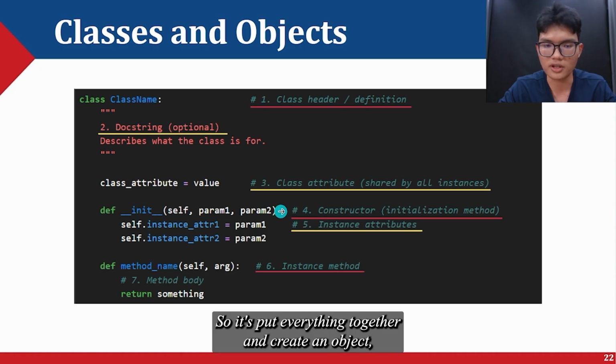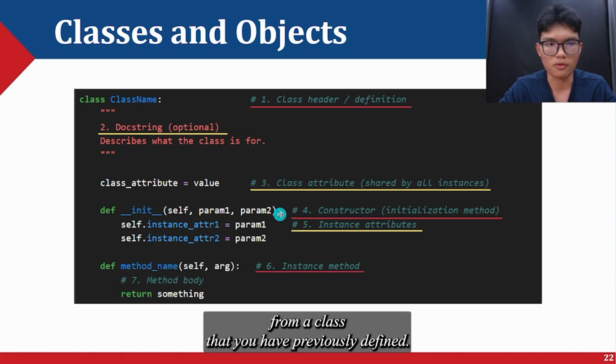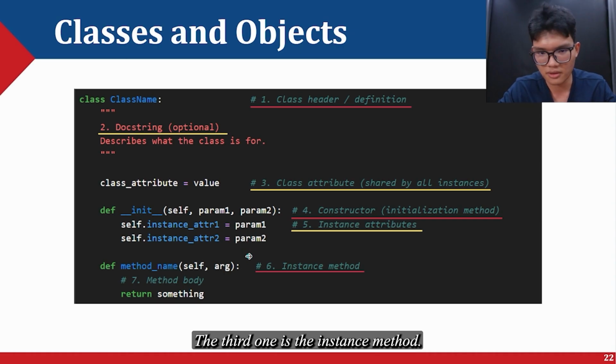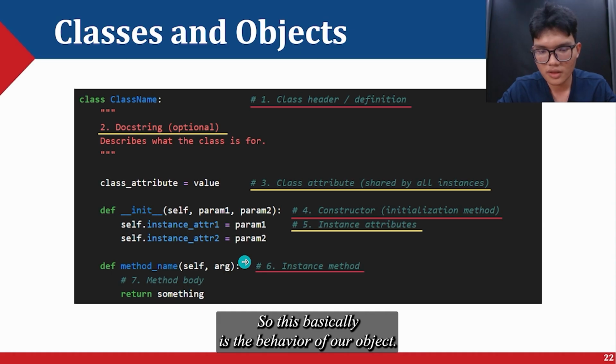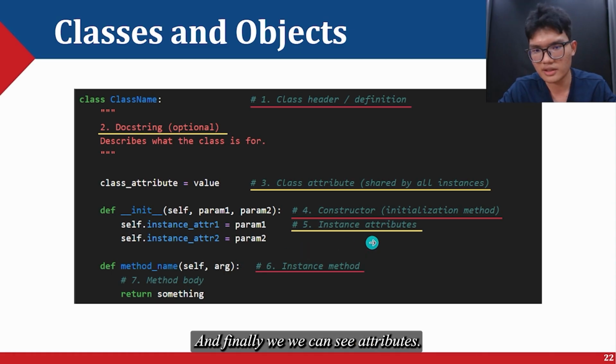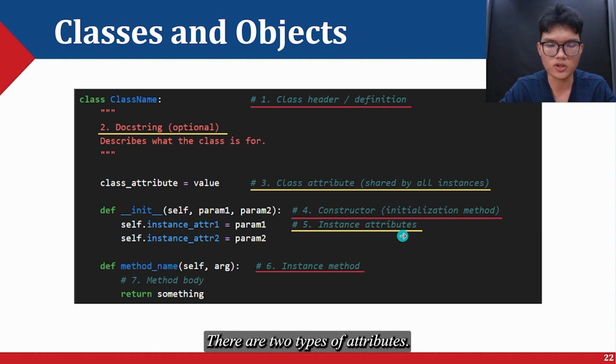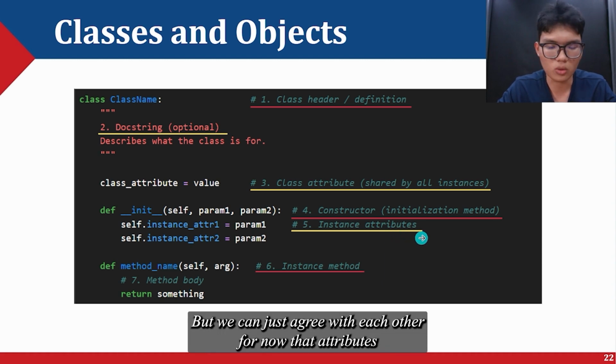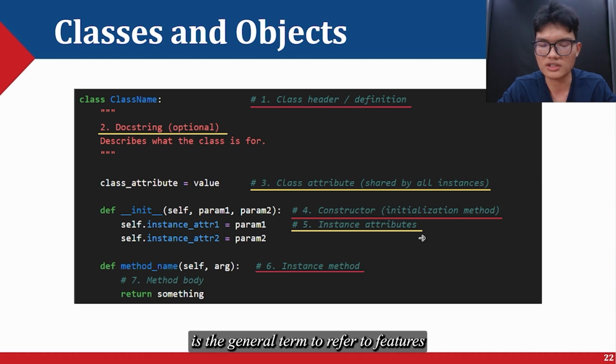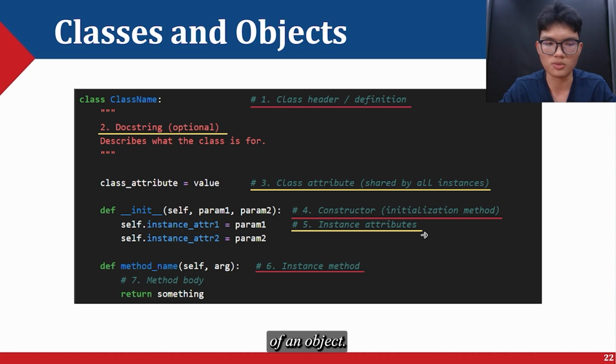It puts everything together and creates an object from a class that you have previously defined. The third one is the instance method. This basically is the behavior of our object. And finally, we have attributes. There are two types of attributes, but we can just agree for now that attributes is the general term to refer to features of an object.